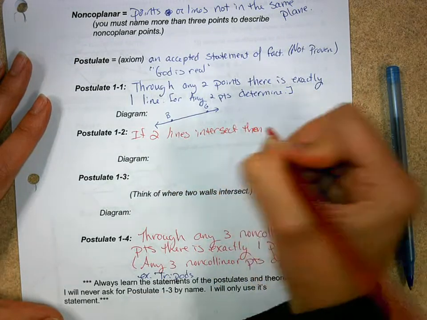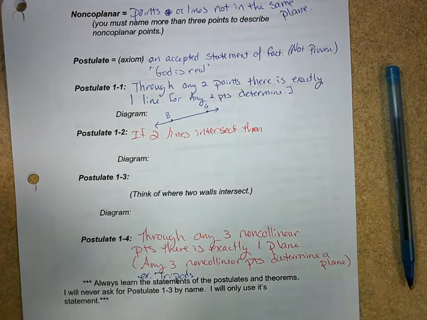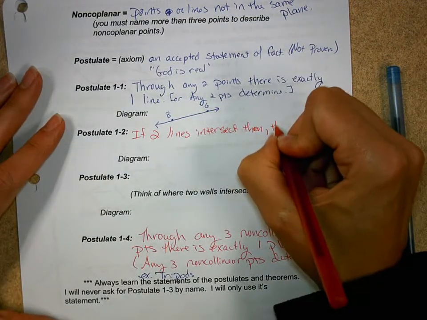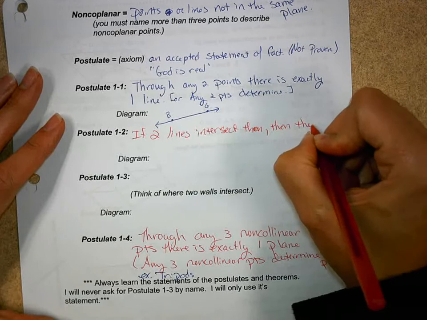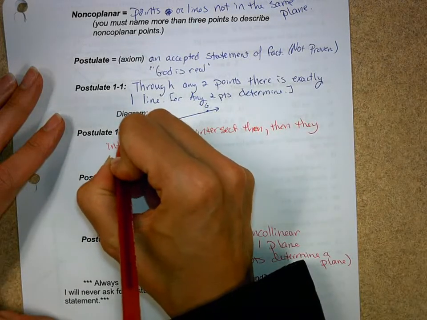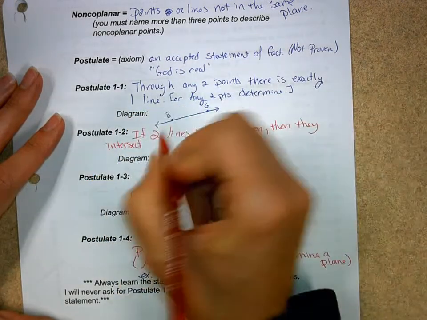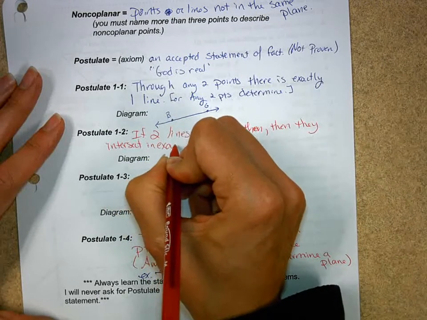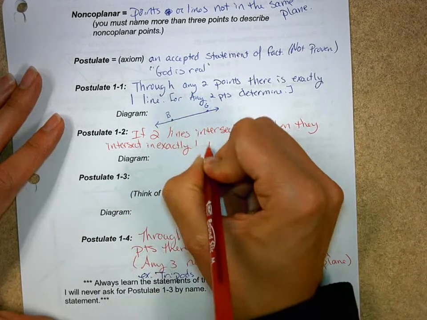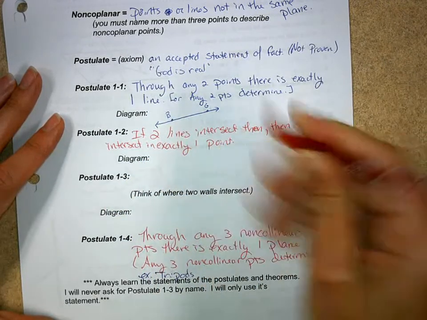So please understand, when you see the word intersect, it means meet. Then they intersect in exactly 1 point.